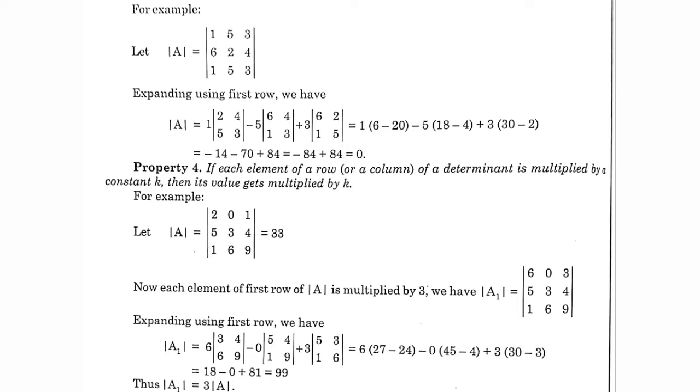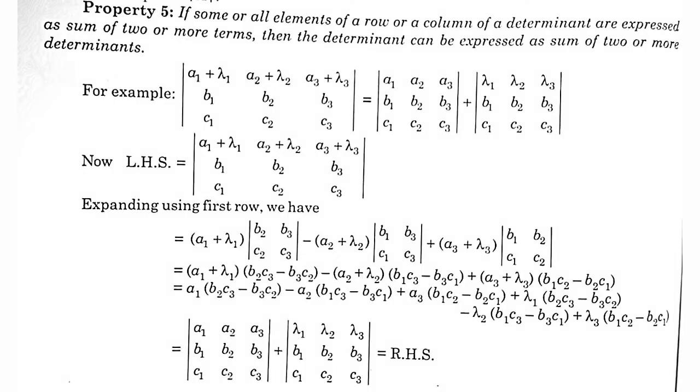Now moving to the next property. If some or all elements of a row or column of a determinant are expressed as the sum of two or more terms, then the determinant can be expressed as the sum of two or more determinants.